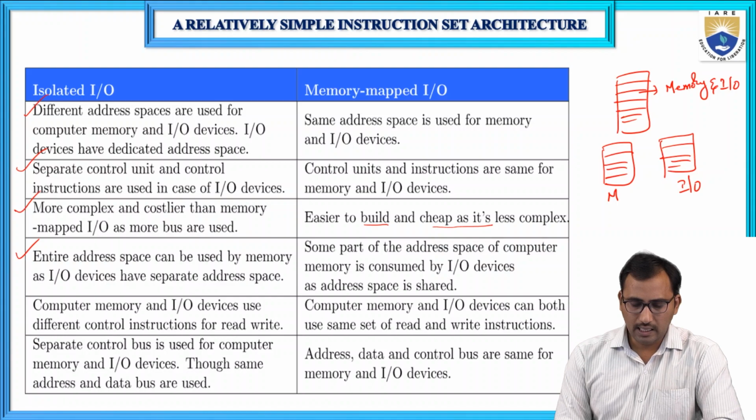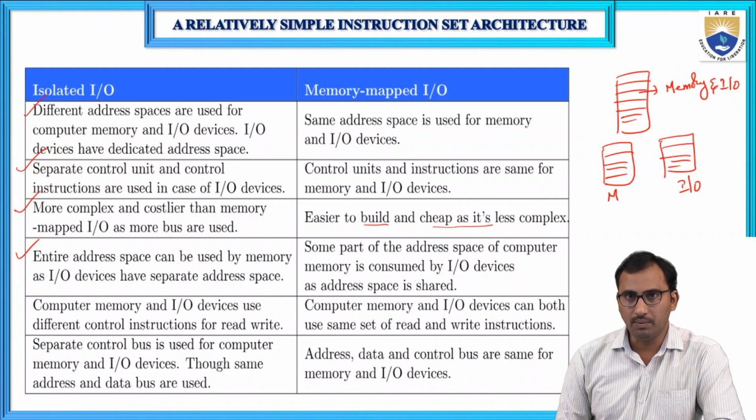In memory mapped I/O, the entire address space can be used by memory, whereas in isolated I/O, I/O devices have a separate address space. In isolated I/O, we have a separate address space for both memory as well as I/O. In memory mapped I/O, some part of the address space of the computer's memory is consumed by I/O devices, as the address space is shared.